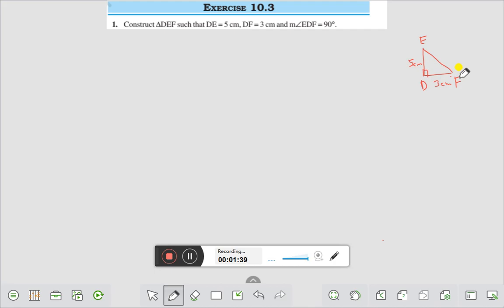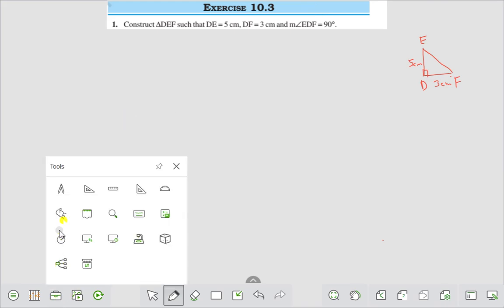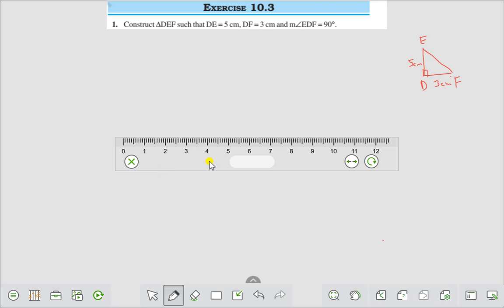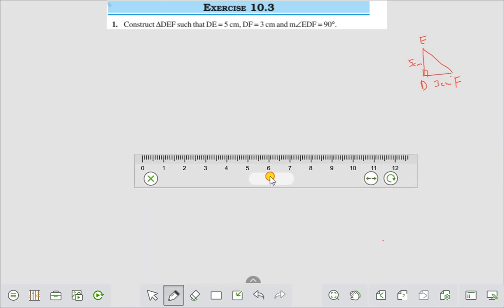First of all, take a ruler. With the help of this ruler, take a 3 centimeter line, that is, starting from 0.